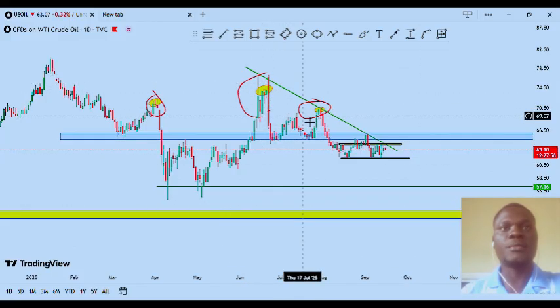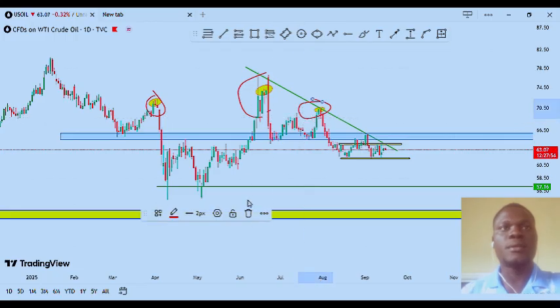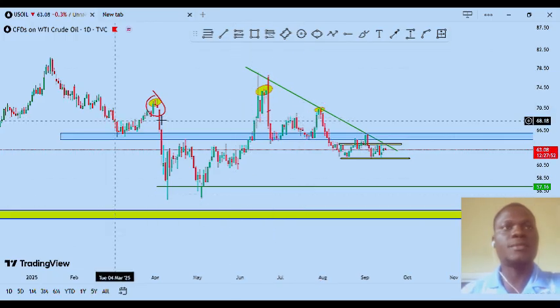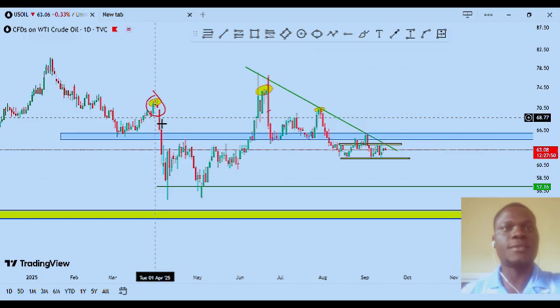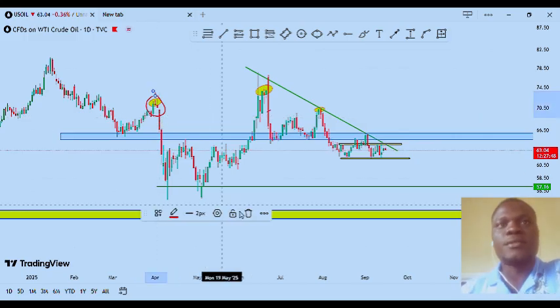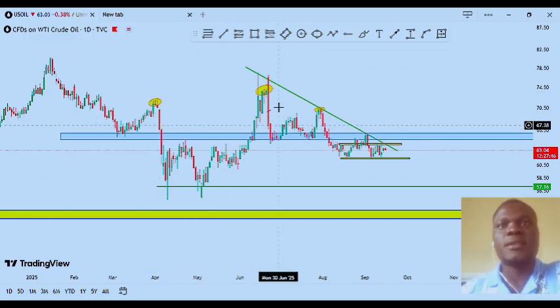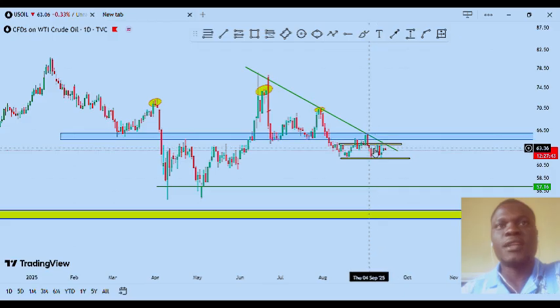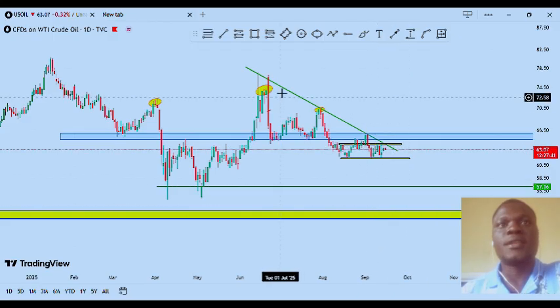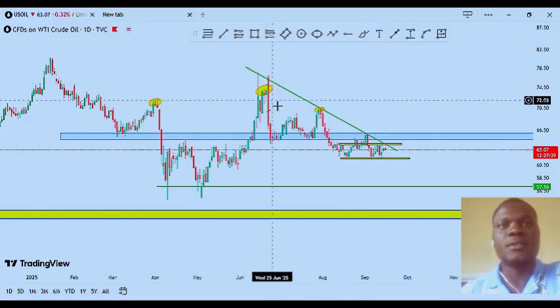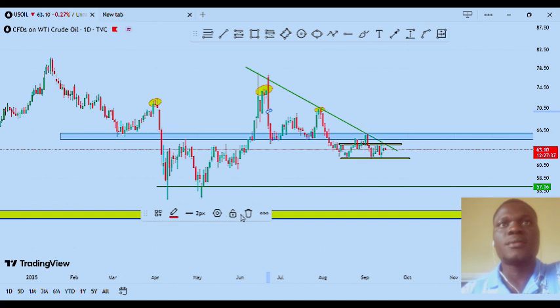The other reason why I'm still favoring the downside on this US oil market is this third touch of a trend line. Let me delete this. All right, this is the first touch here.